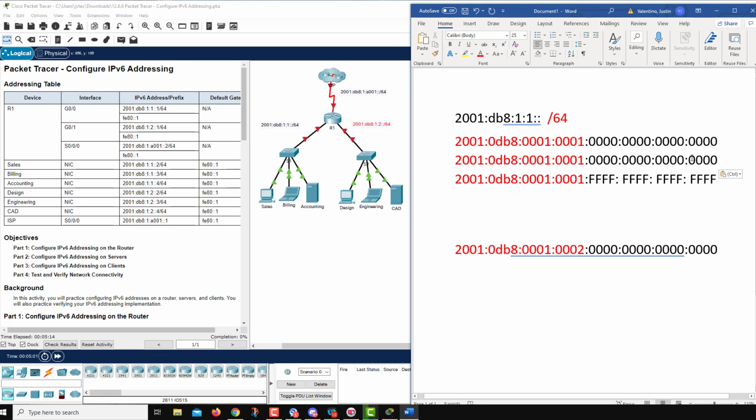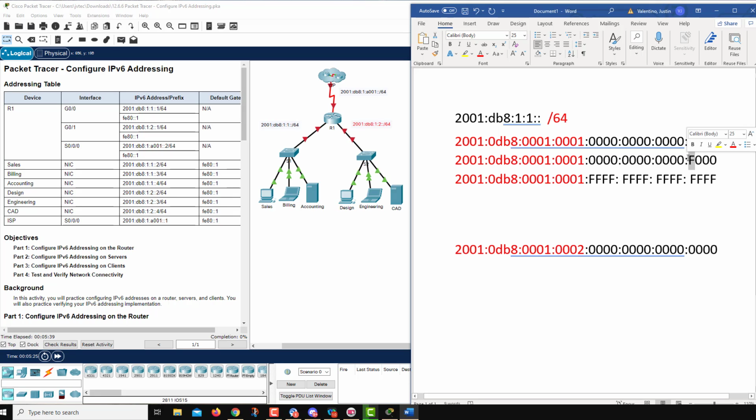So our values can be 1, 2, 3, 4, 5, 6, 7, 8, 9, or after 9, A, B, C, D, E, F for each and every one of these placeholders. That's going to give us an insane amount of addresses just for a /64. Not really cajillions, but at least more than many million.